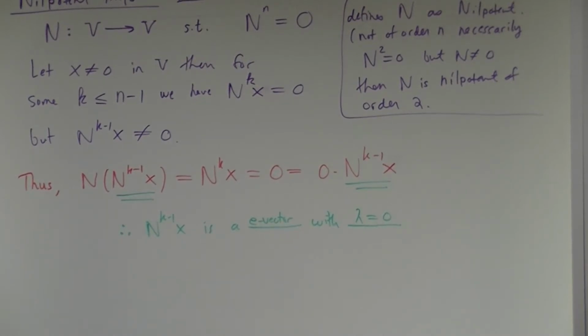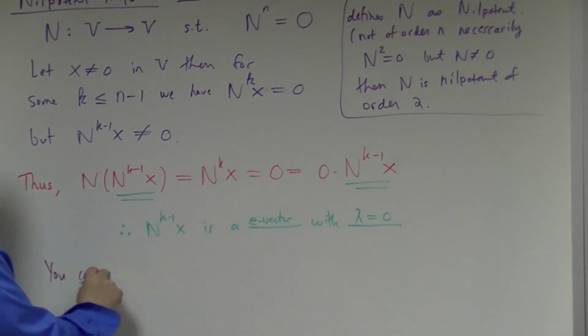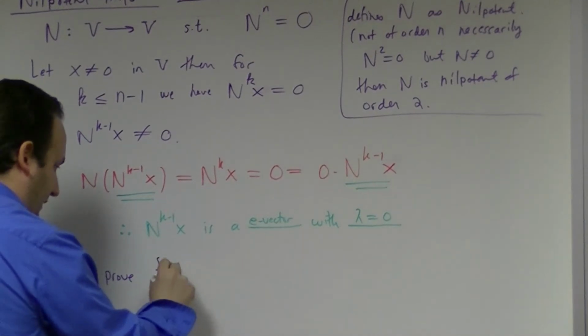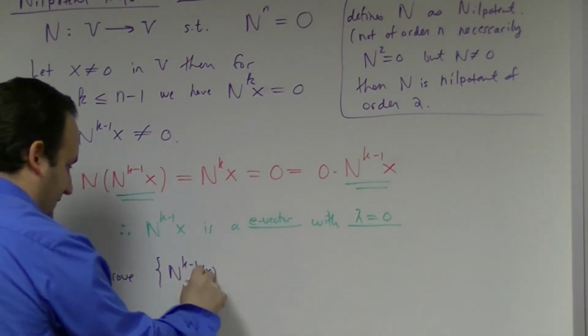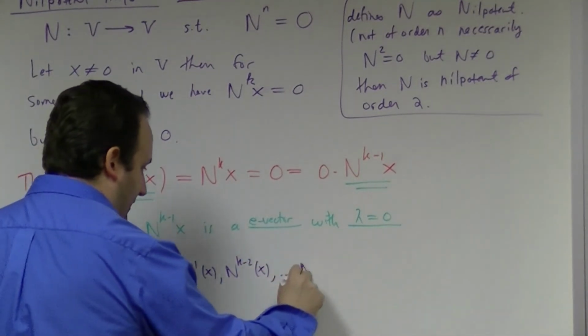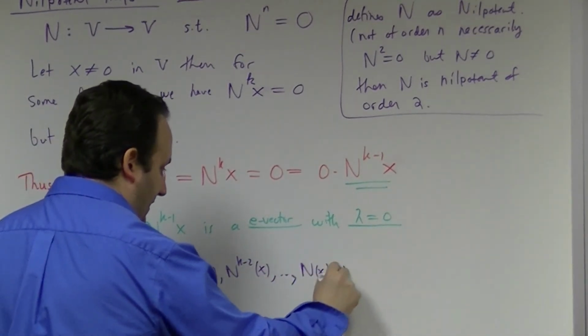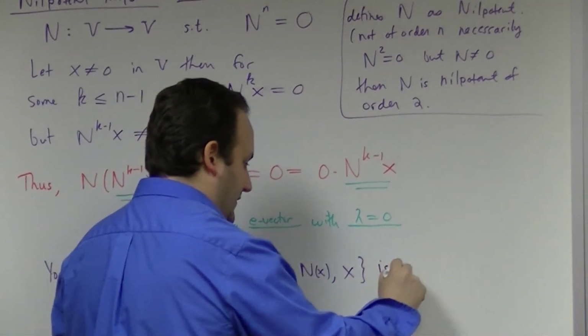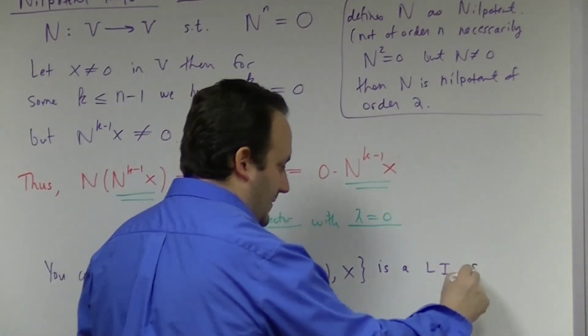Now that alone is not too exciting. But here's the really, really neat thing. We can argue, it can be shown, you can prove the following. You can prove that n^(k-1) x, n^(k-2) x, ..., n of x, x is a linearly independent set.